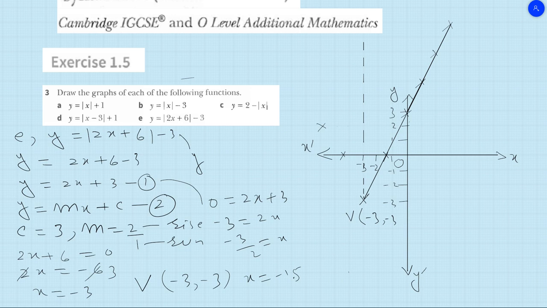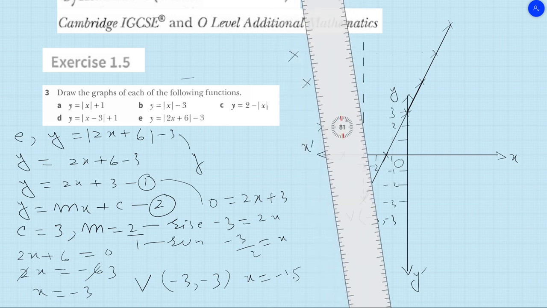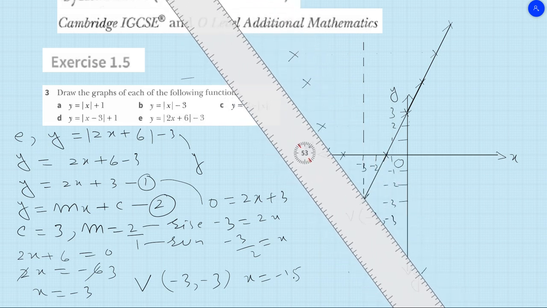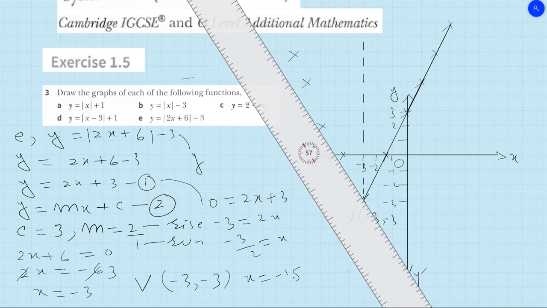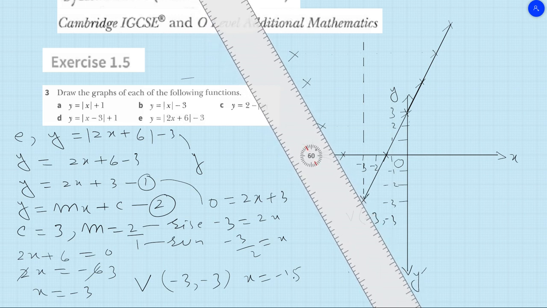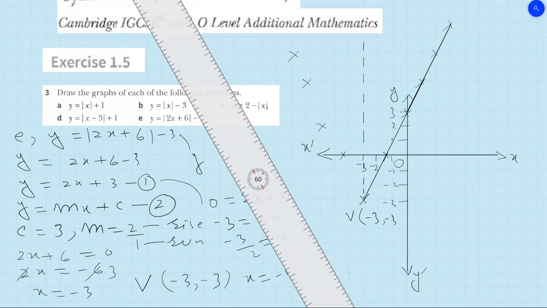This point 1, 2, 3, 4, 5. No need to take all points. Again, join these points using our vertex.